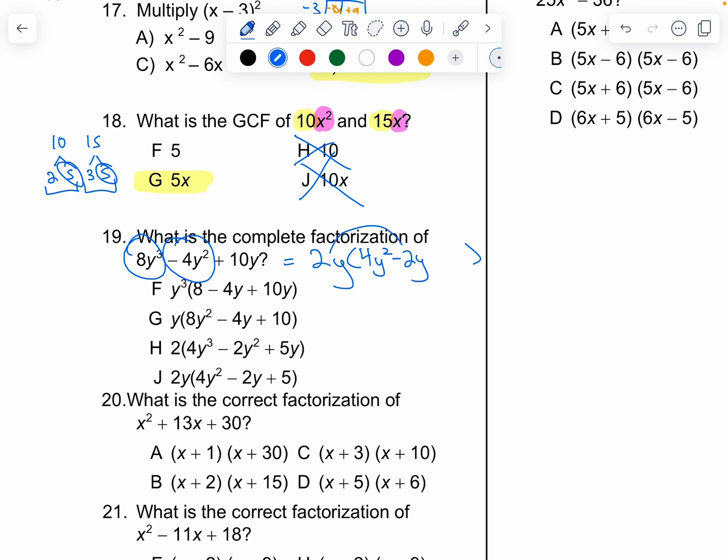If I remultiply 2y into whatever I'm claiming the leftover factor is, it should get me back to the original value, and it does in this case. Divide 10y by 2y, and we get just +5. So that means my answer is J.